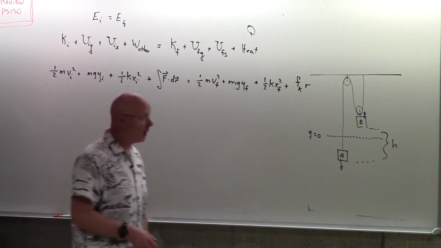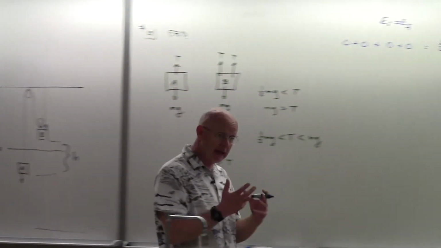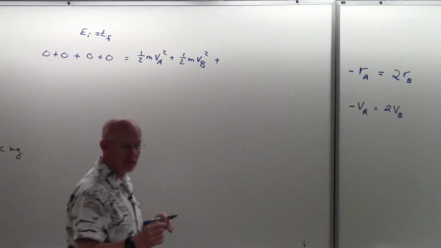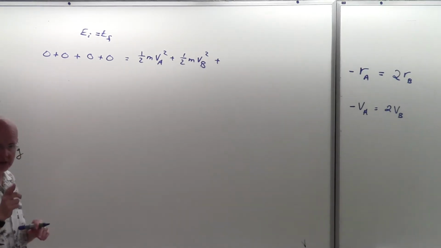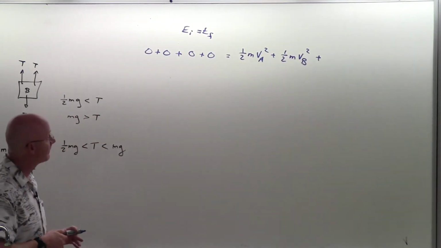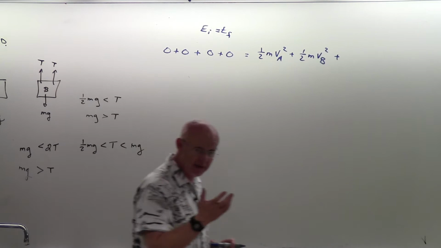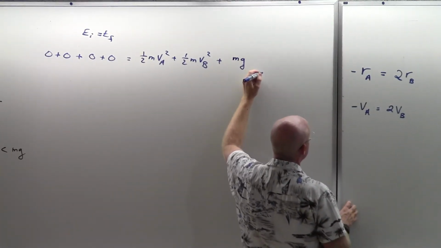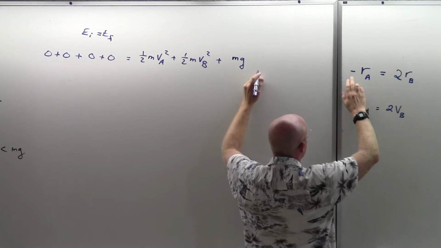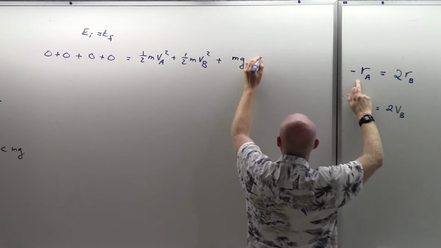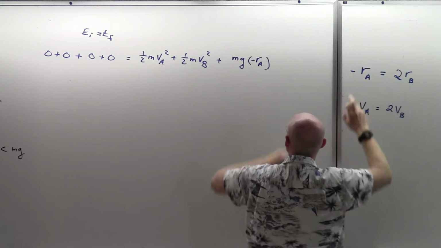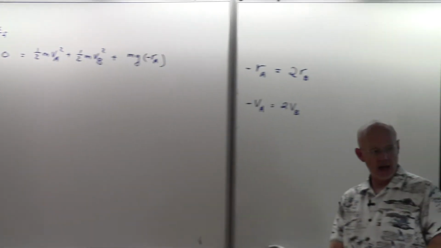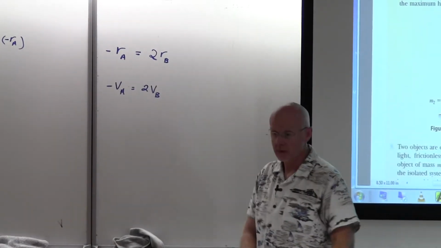And as we already pointed out, those are related in a 2-to-1 ratio. How about their gravitational potential energies? Well, let's look at A first. I would say it is mg, and according to this, it has gone down by r. So it is at a height of negative r_A.